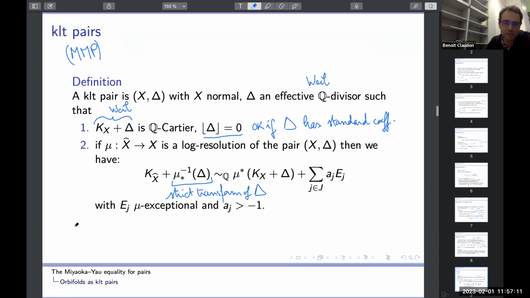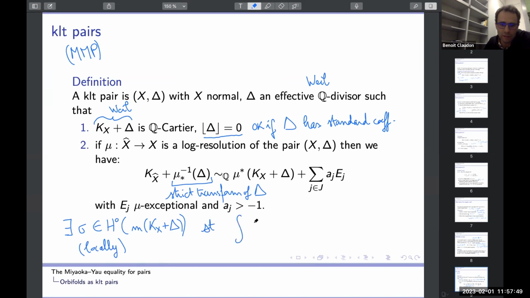This can be translated into a purely local analytic definition. It is the same as the existence of a section of this line bundle, where the existence is just local, such that this quantity converges when you integrate on the regular part of X minus delta.